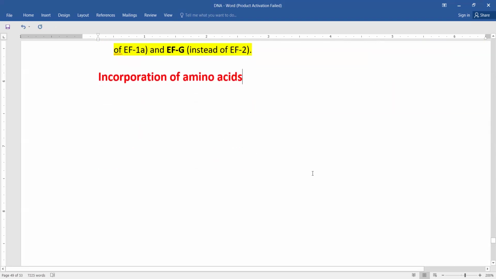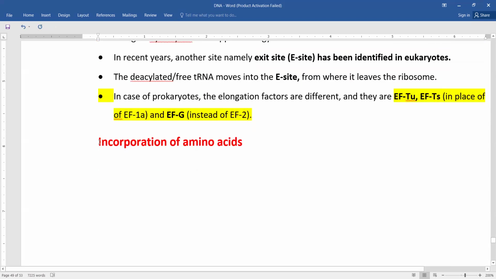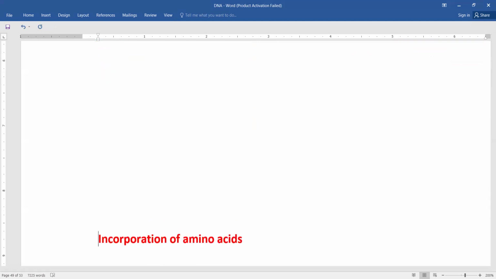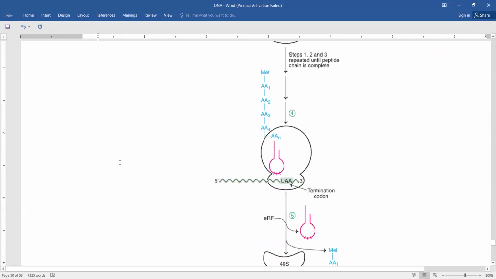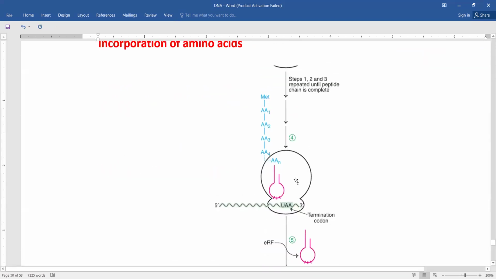Now, incorporation of amino acids. In the same way, the same steps 1, 2, 3 are repeated until the peptide chain is completed. A new tRNA comes and adds an amino acid, the old one goes out, and again a new tRNA comes with an amino acid. So it goes on, and the size of the polypeptide chain or protein is elongated, increased.